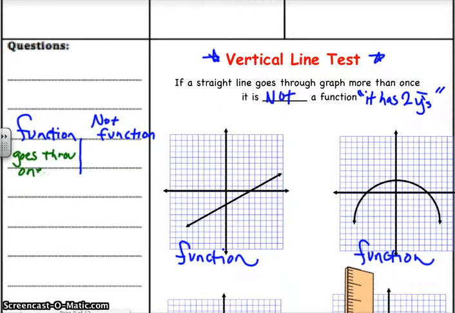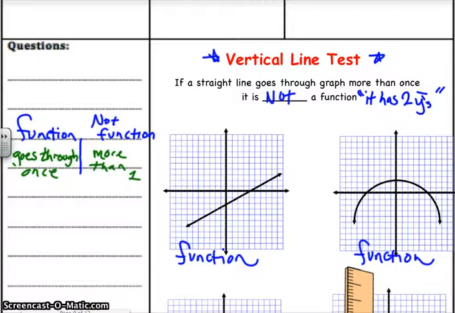Can I just say one? Does that seem incomplete? Goes through one point at a time. Goes through once. How about once? That just means it goes through every point once. And not a function goes through more than one. So if it's not, it goes more than one.